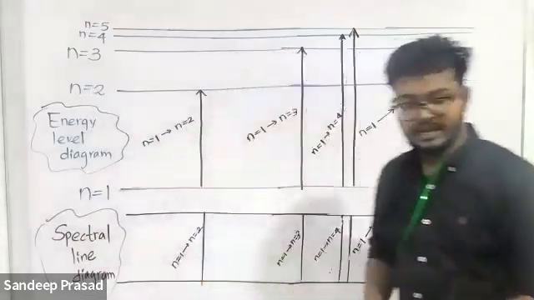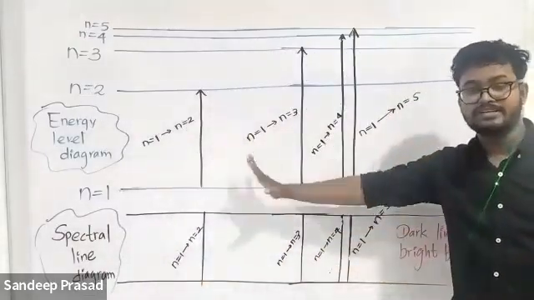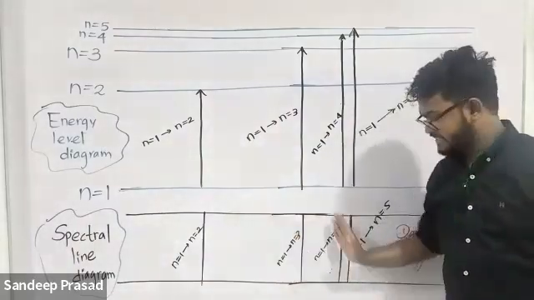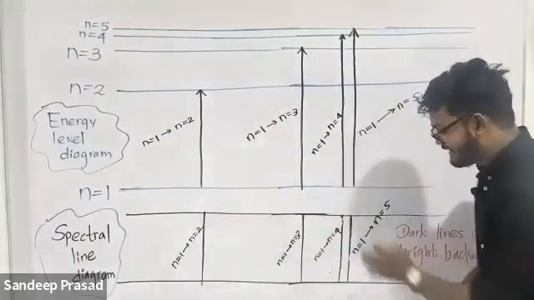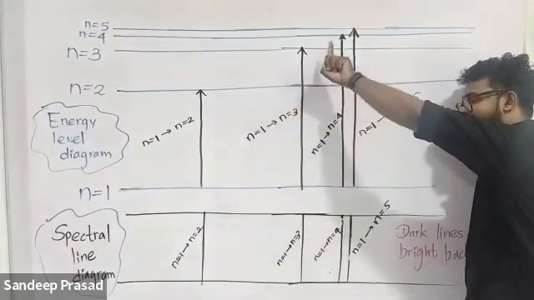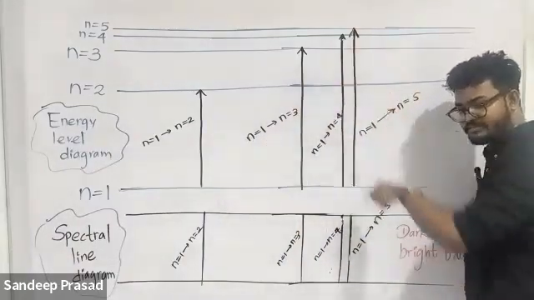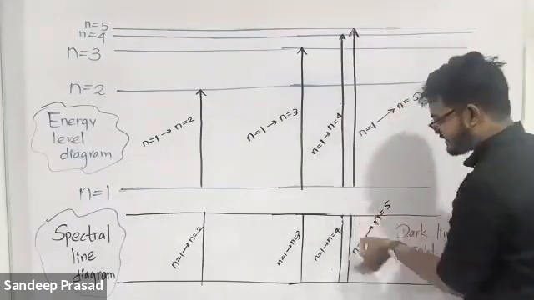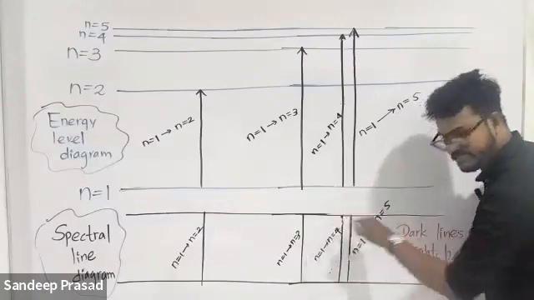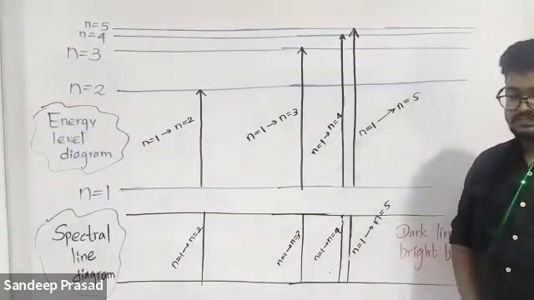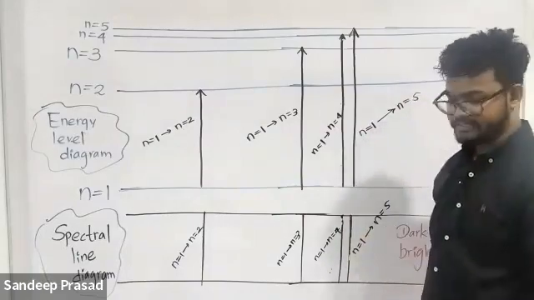In the spectral line diagram, there are no energy levels. These are not energy levels. These are lines representing the corresponding electron transition, the energy gap between two energy levels represented by this spectral line. These are not energy levels.